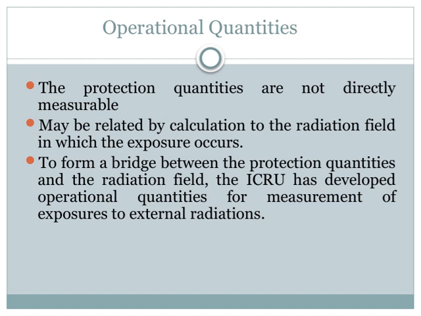These are designed specifically to help us measure exposures to external radiations more effectively. So, when we talk about operational quantities, we're referring to these standardized measurements that act as a bridge between what we want to protect and the actual radiation environment. This development is crucial because it allows us to assess and manage radiation exposure more accurately in real-world situations.